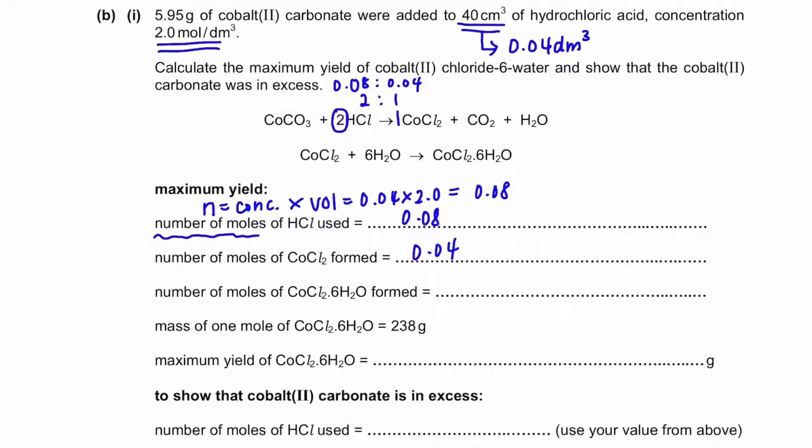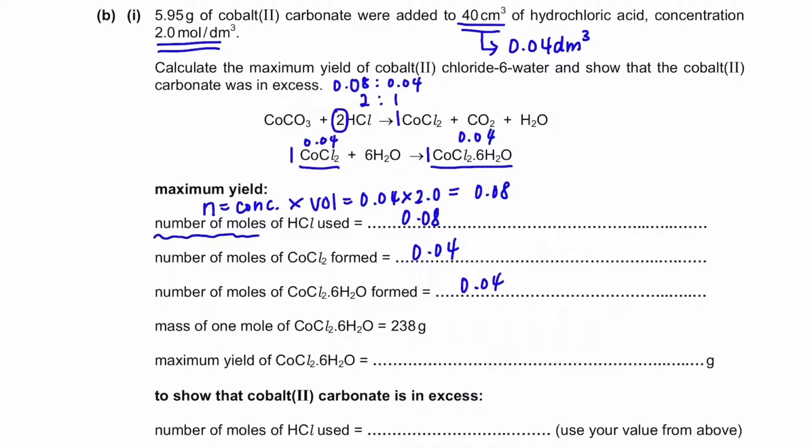Number of moles of CoCl2 6H2O formed. So this compound appears in the second equation given here. We have just found out the number of moles of CoCl2, so we can make use of that. The ratio of CoCl2 to CoCl2 6H2O is 1:1, so the number of moles of CoCl2 6H2O will be 0.04 as well.